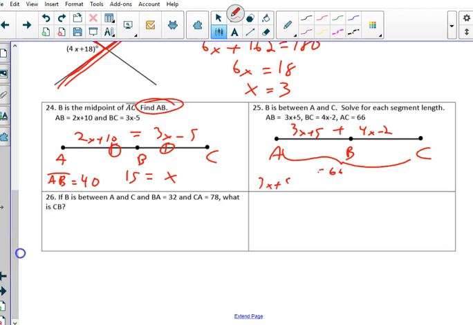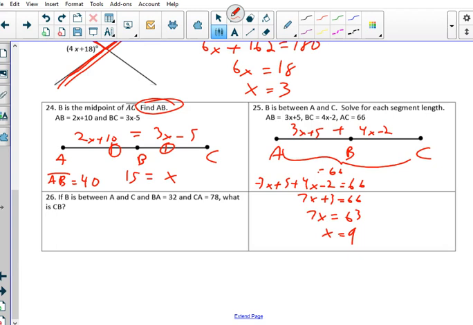So 3x plus 5 plus 4x minus 2 equals 66. That means 7x plus 3 equals 66. I subtract 3 from both sides, I get 7x equals 63. And when I divide by 7, I get 9.